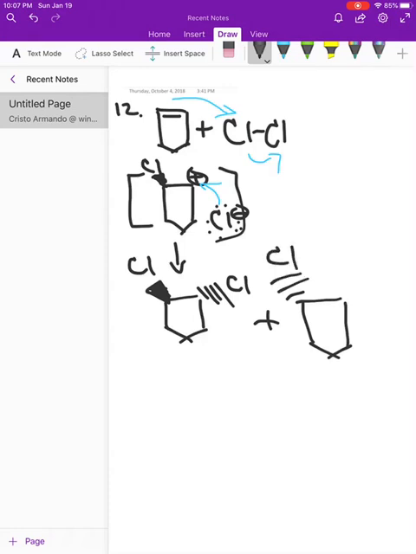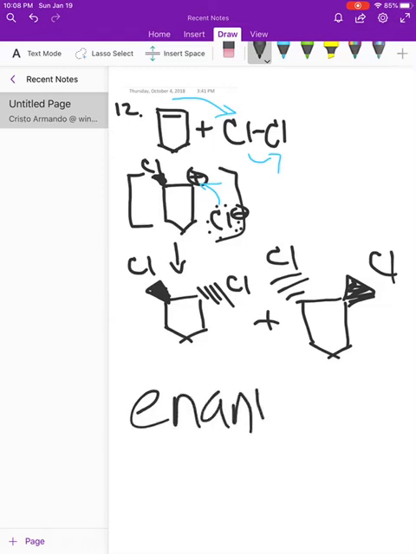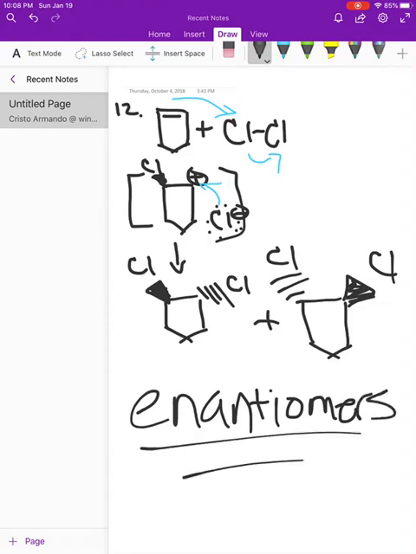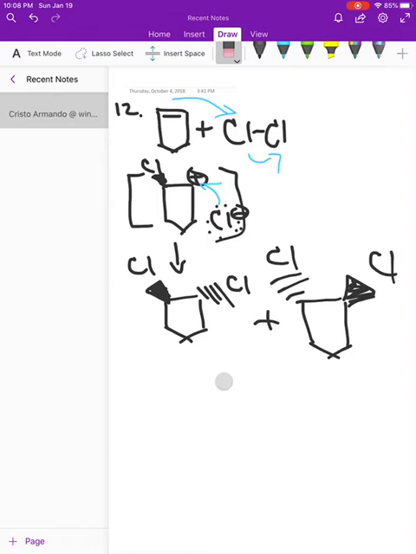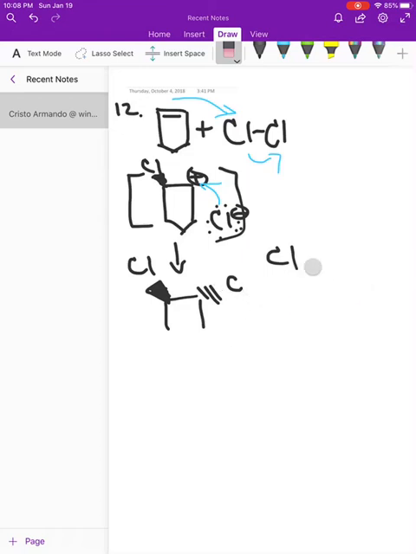This one going away, this one going out. And these are just called enantiomers, as we learned in class today, and as we learned in Organic 1. Okay. So let's keep going.